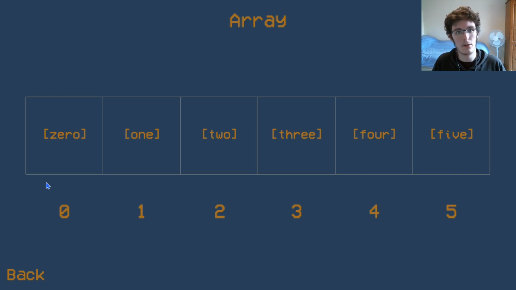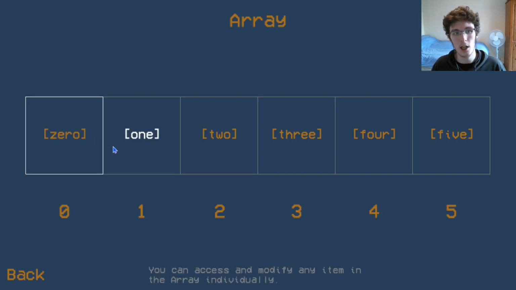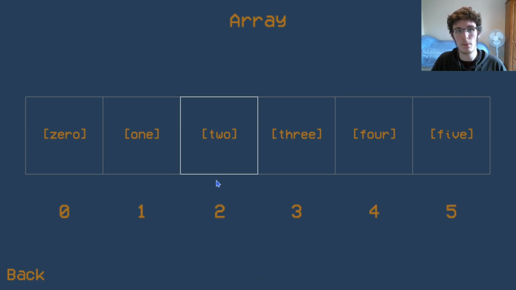And because everything in an array is stored next to each other in memory, we don't have to do any checks. We don't have to check the 0th item or the first item or the second item. We can just jump all the way to where we need to go.